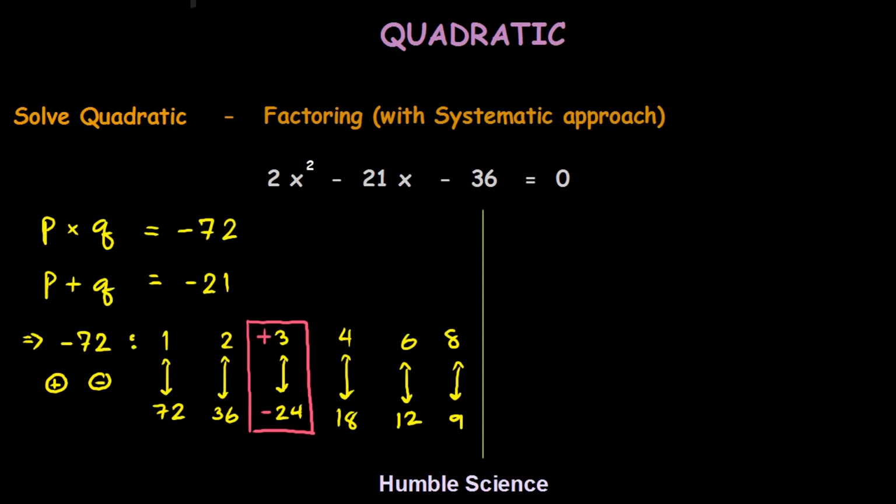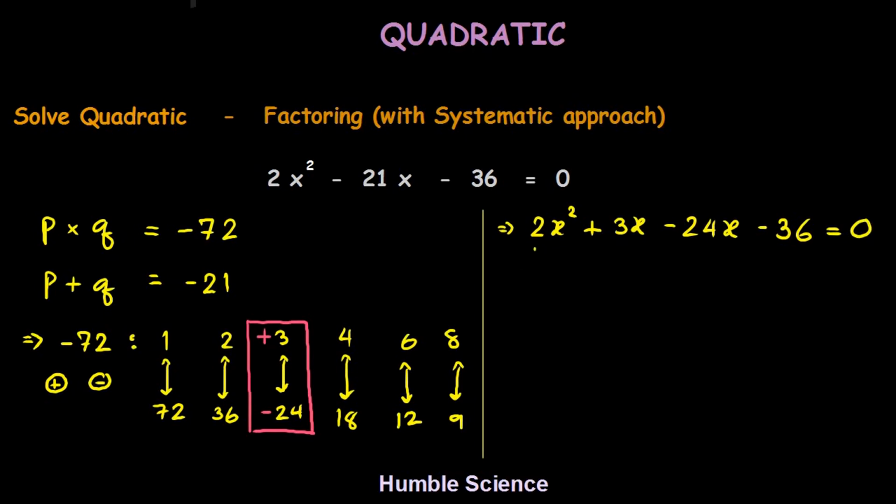And now we can write 2x squared plus 3x from over here, and then minus 24x from over here, and then minus 36 equal to 0.